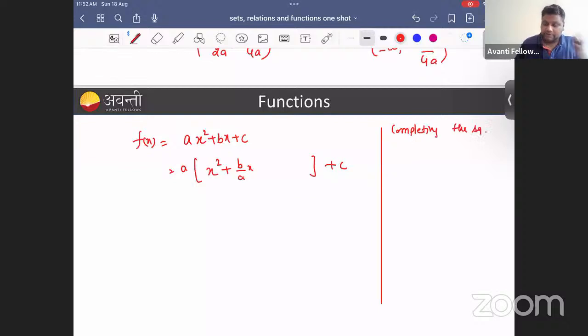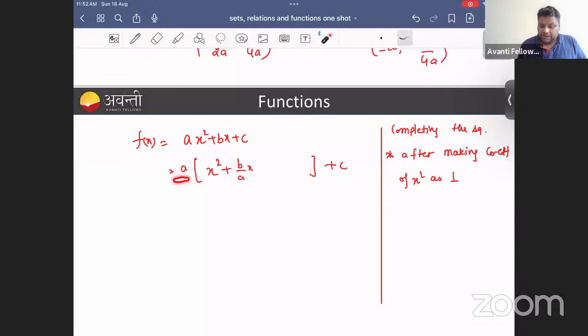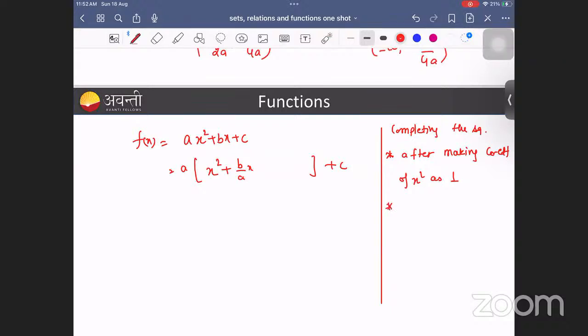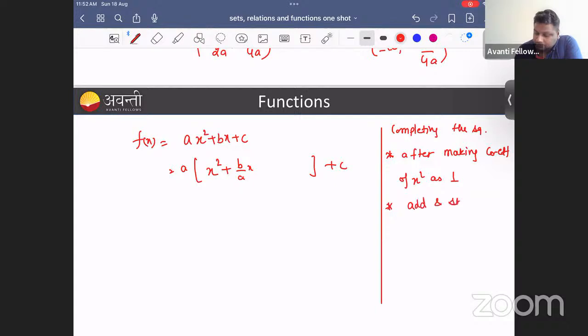After making the coefficient of x square as 1, which I did, took a common and the coefficient of x square came 1, after making the coefficient of x square as 1, add and subtract the square of half of the coefficient of x.